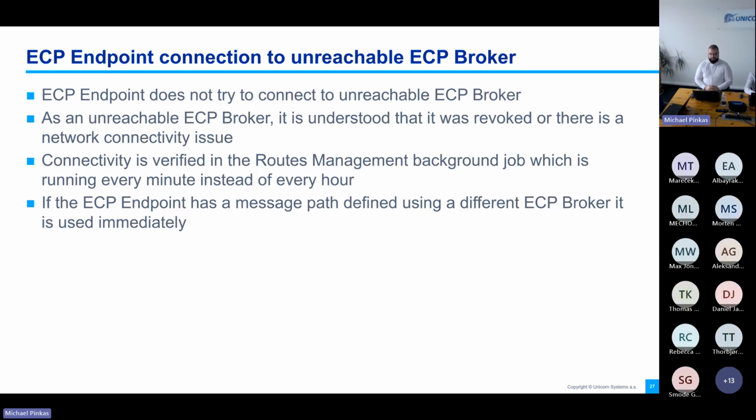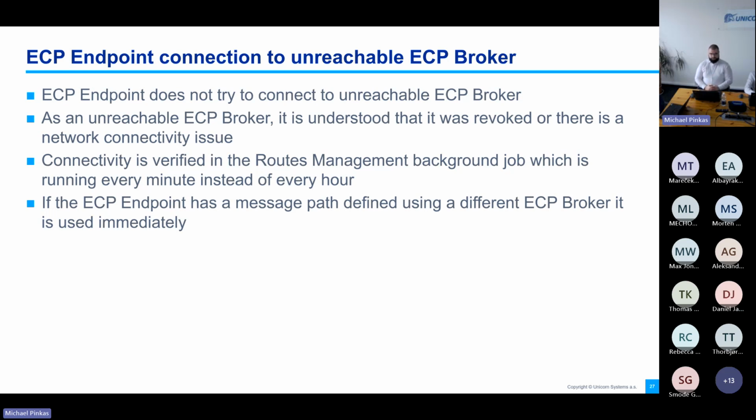One of the last features that we will mention here is the connection to unreachable ECB brokers. Firstly, an unreachable broker is a broker that was either revoked in the network, the component directory, or there is some network connectivity issue.